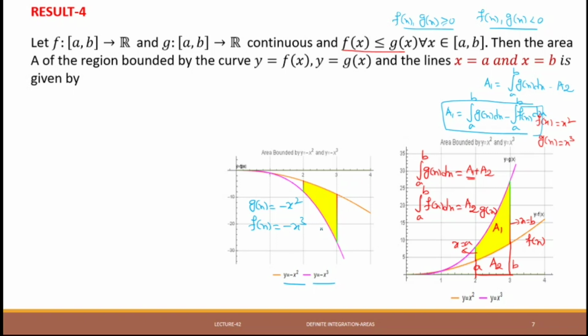So g of x is greater than or equal to f of x. Of course in this region only I am taking. Okay, now as we did here, we can do the same scenario. We can find out the area in the similar way.